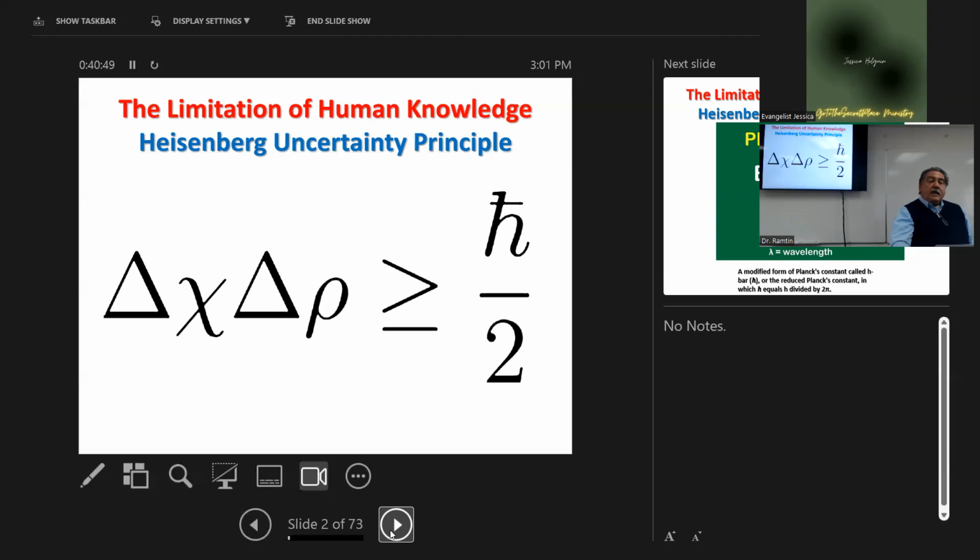And he came up with this equation: delta x times delta rho, that's not a p, it's rho, means change in momentum, or simpler way, energy, is always greater than or equal to Planck bar, h bar, over 2.